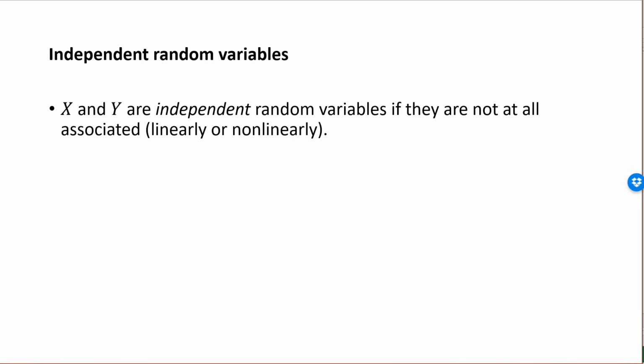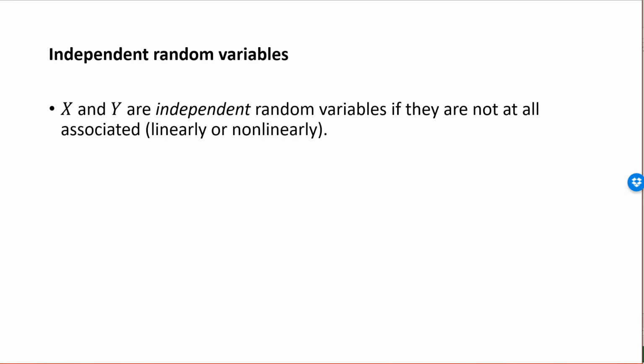So independence is something that's stronger than just being uncorrelated. Being uncorrelated means that you have zero covariance and zero correlation. And that means that there is no linear relationship between two random variables. You can still have a relationship between two random variables that is non-linear.